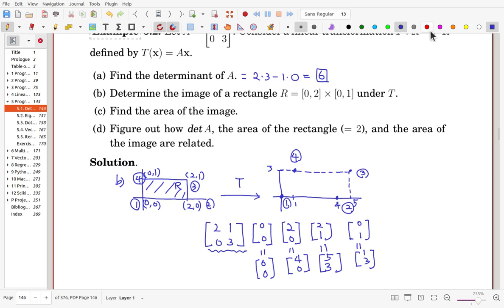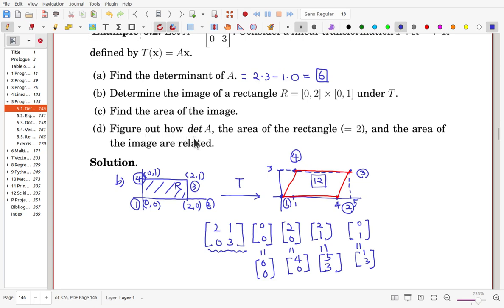Now we connect them to get the image of the region. Start from here, then 2 and 3 and 4, and coming back to 1. So that's the image of the region R. Now find the area of the image. The bottom length is 4, the height is 3, so that must be 12, right?